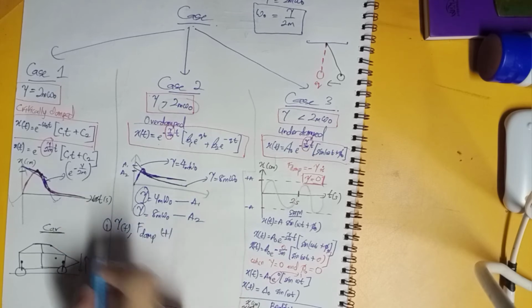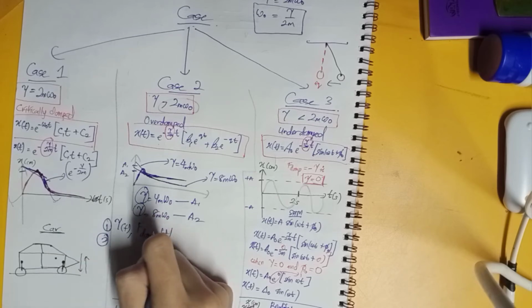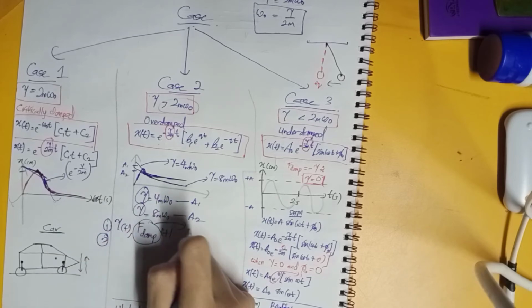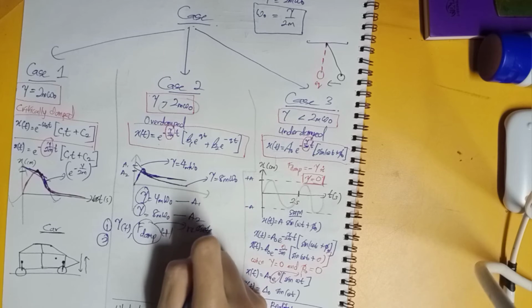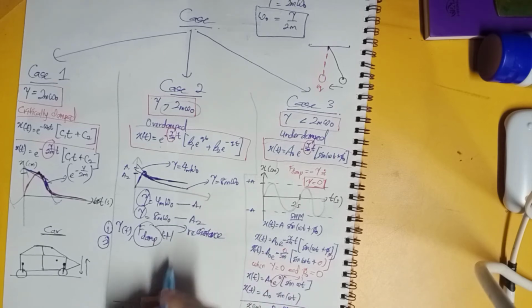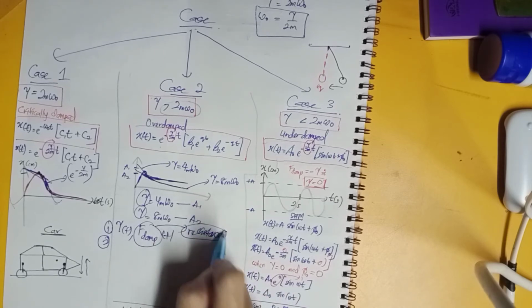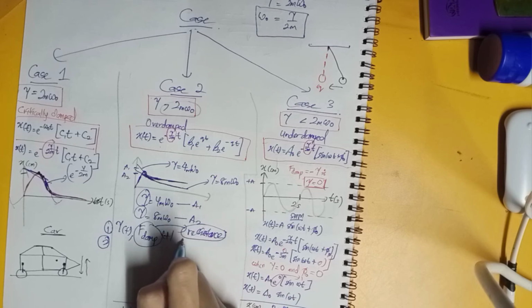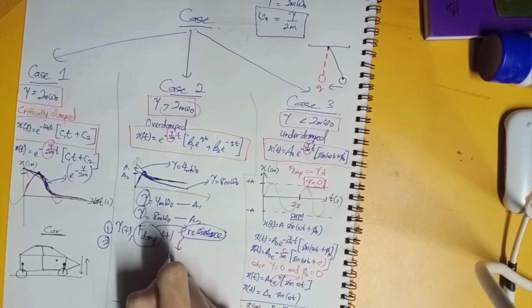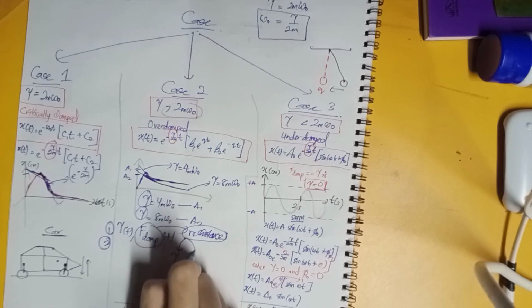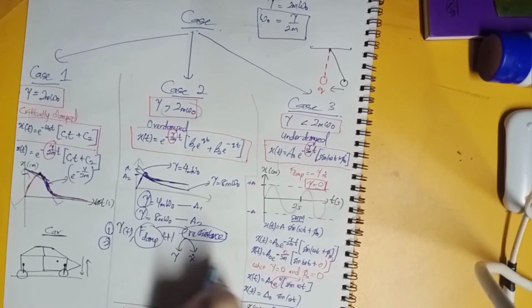That's the first case, and we know that F damp, which is the damping force, is the resistance. Since the resistance increases, it is because of the gamma and also because of the velocity, right?